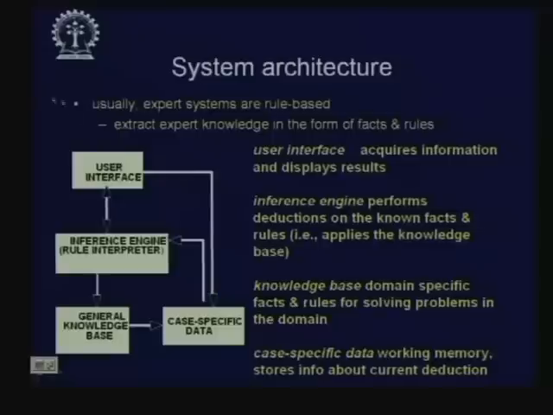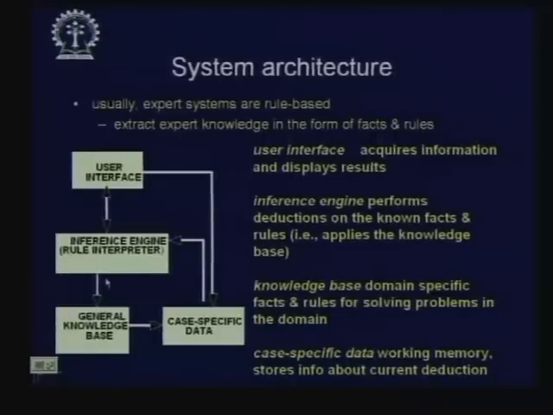Now, let us quickly look at the blocks. One is the user interface, one is the inference engine, there is a general knowledge base, and there is case specific data. You can think, where is the working memory? The working memory is this for the time being. This is the rule interpreter, inference engine, inference machine, control engine, whatever you call it, and this is the knowledge base.